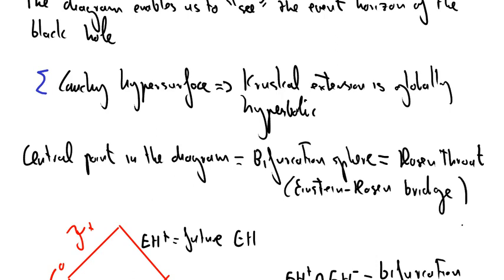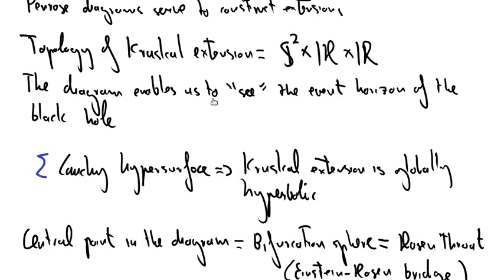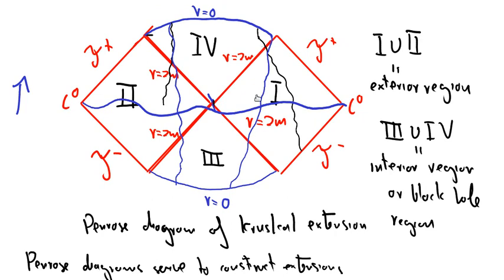As I was saying, we have learned a great deal about the Kruskal extension of Schwarzschild spacetime without actually doing the extension, just by putting together some Penrose diagrams. In coming lectures, we will study diagrams of other solutions of the Einstein equations, which also represent black holes or cosmological models.